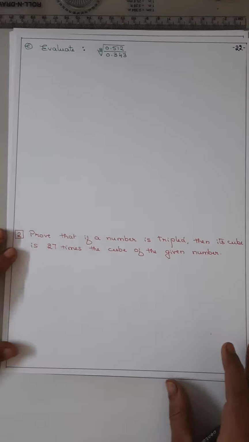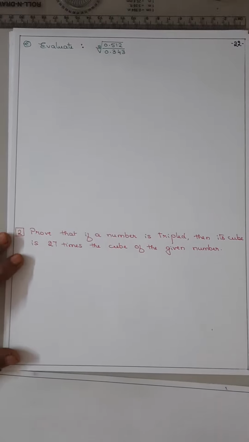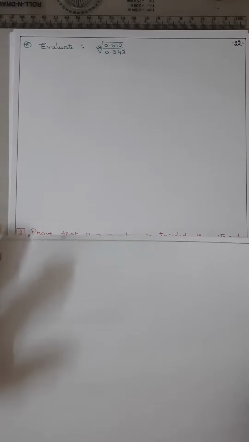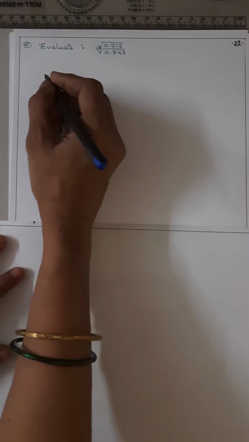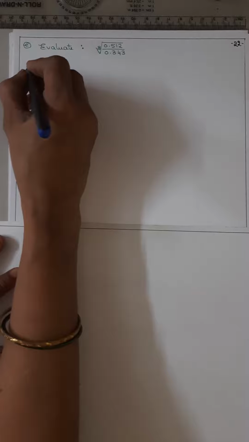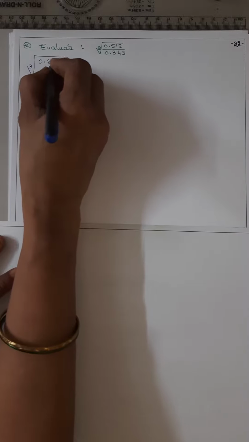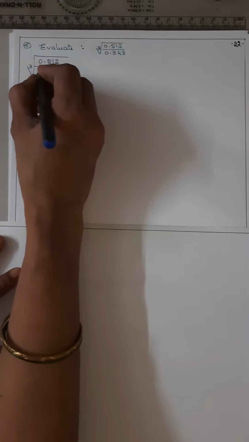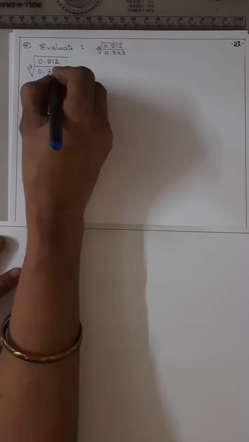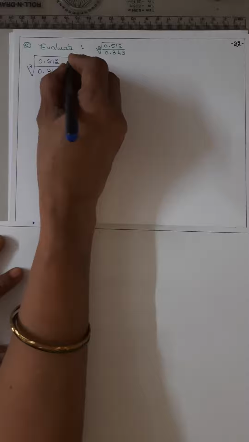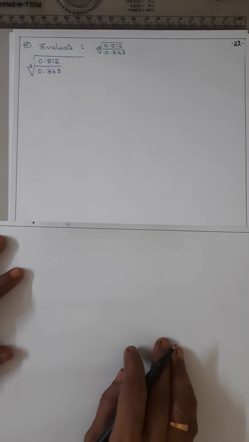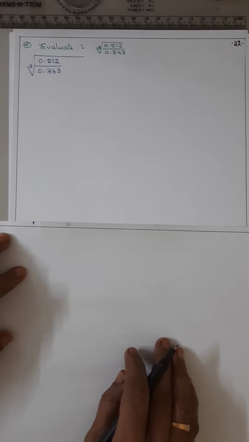Okay, now coming to E, evaluate. It's a rational number. So cube root of 0.512 upon 0.343. Numerator and denominator both are in decimals and that is 3 decimal places.